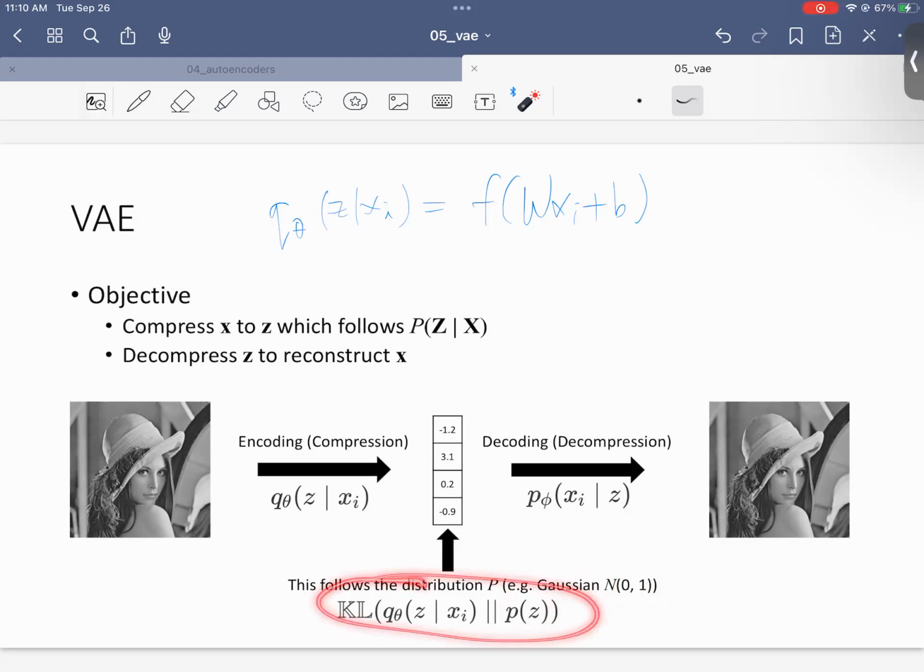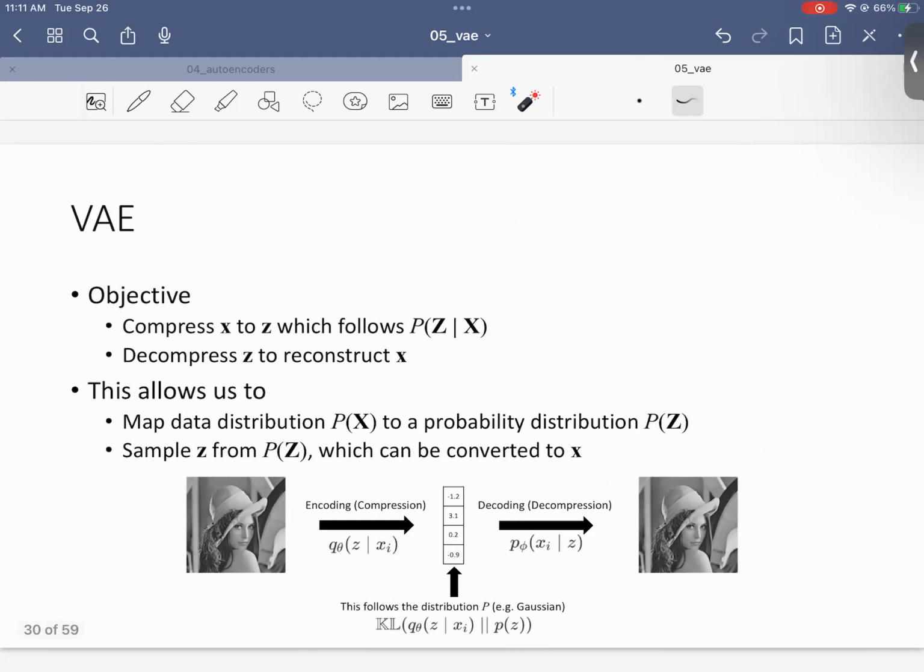What this KL term means is that we want the latent distribution to look like P_Z. The latent distribution is determined by the encoder function, since the encoder generates the Z's based on the X's, and we want the distribution of the encoder's output to look like P_Z, which is Gaussian. So that's it.